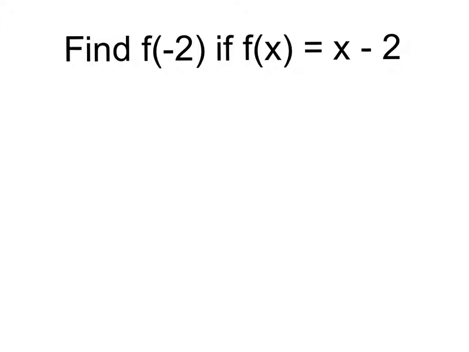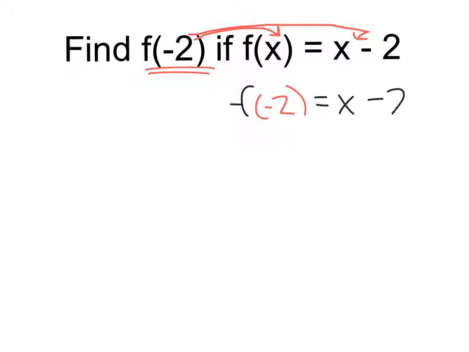Okay, I decided to throw this one in just in case. Here we're asked to find f of -2 if f of x equals x minus 2. So we're going to sub in the -2 for each x. So that would be f of -2, and then that equals x minus 2. Now, we're going to sub in that -2 for our x as well.